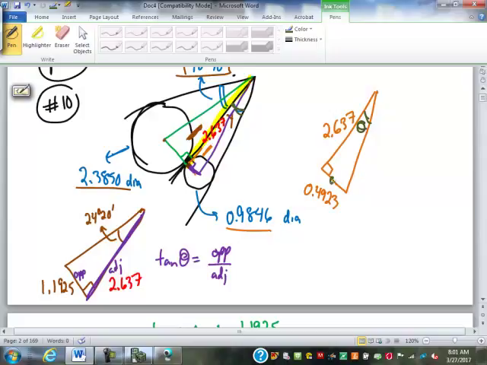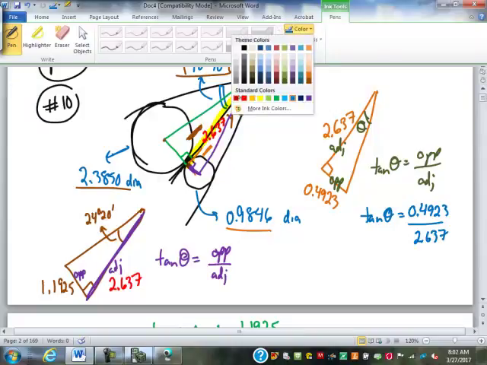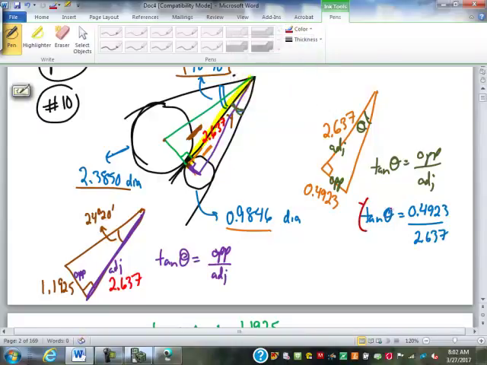So according to that angle, this is the opposite and this is the adjacent. So we're looking at tangent again. The opposite side is the 0.4923. Adjacent is 2.637. And again, since we're looking for the angle, it's an inverse trig.